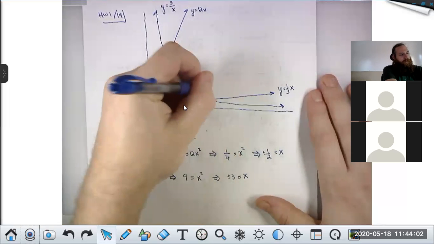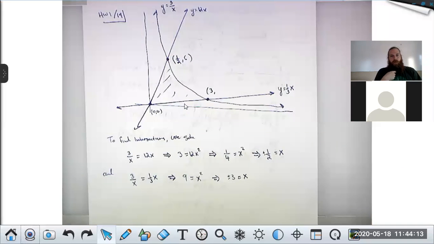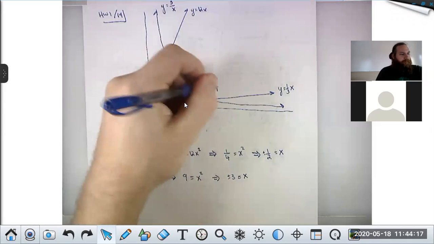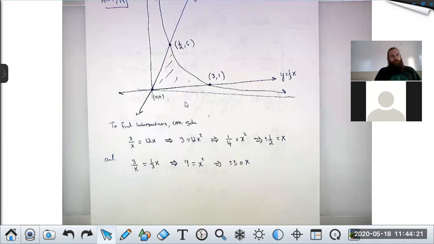So this guy right here has x coordinate 3. And the y coordinate I can find by plugging into either of those curves. Again, the easier one there is the linear one, but 3 times 1/3 is definitely 1. So here's our picture, and it's got all the stuff that we need now.